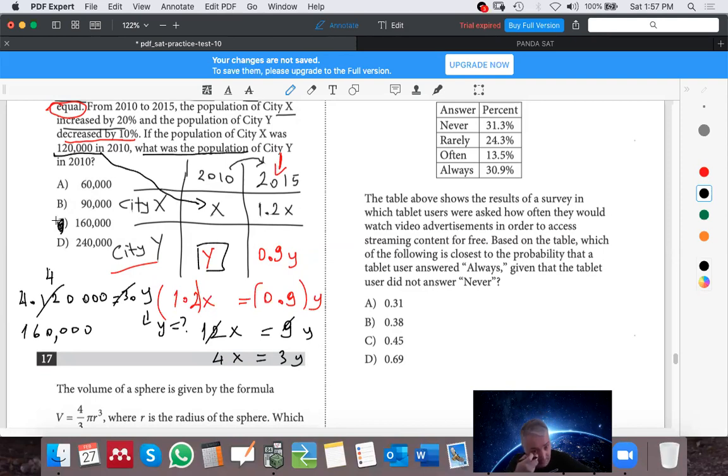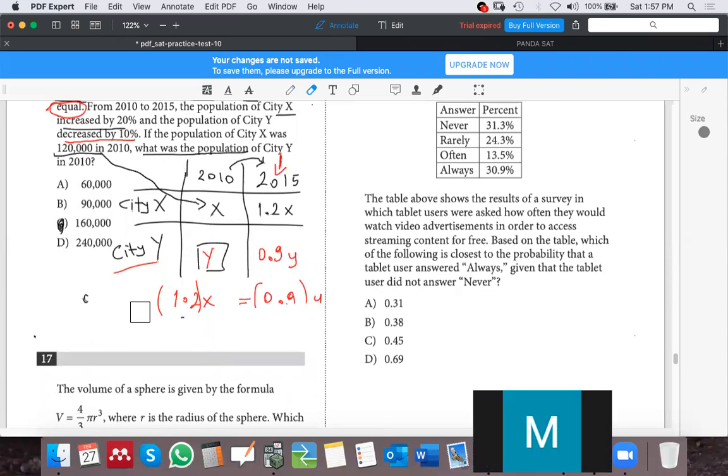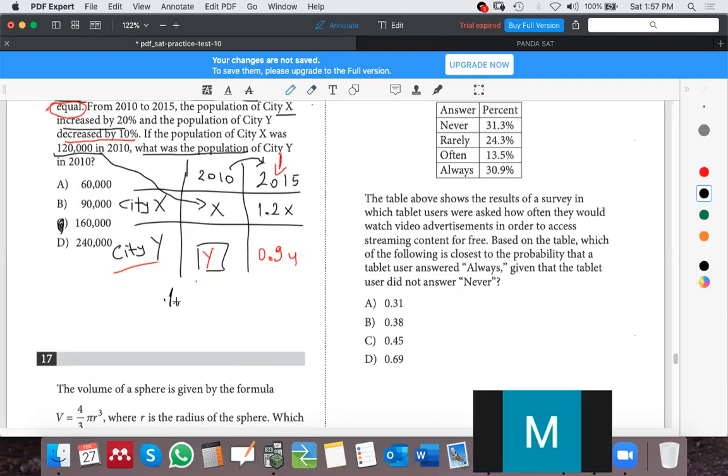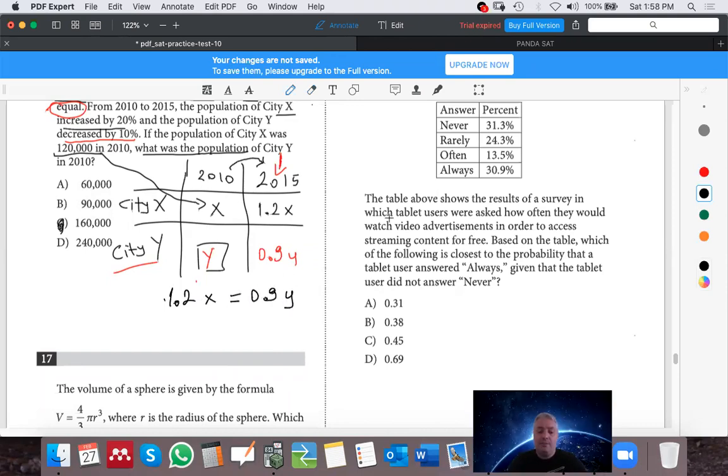Finished. Sir, can you re-explain after the 1.2x equals 0.9y? Okay. Forget about this. Till here, is it okay or not? Just tell me. 1.2x is equal to 0.9y. Is this okay or not? Yes, that's okay. Now, I am saying that the question says that the population of city X was 120,000.